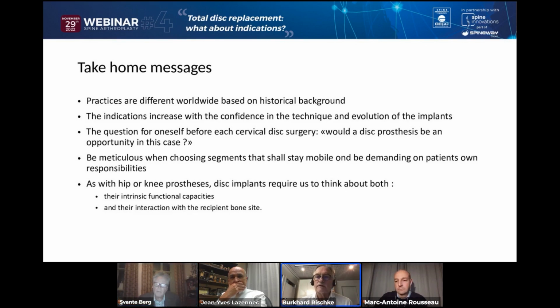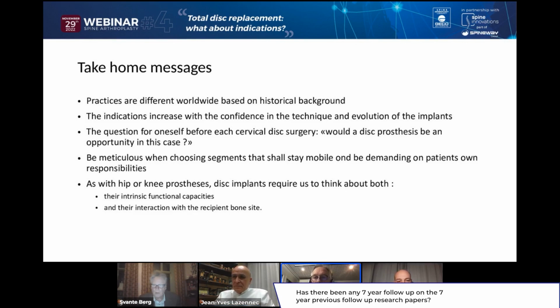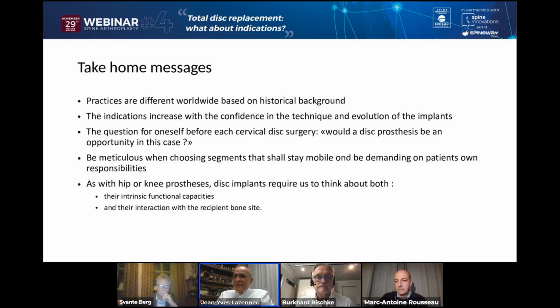Wayne Connolly is asking, probably to Professor Lazenek, has there been any 7-year follow-up on the previous research papers regarding the end plate? Yes. We presented a paper last year at the Australian Spine Society, and we are preparing a paper regarding this, but it is with minimum 5 years follow-up.